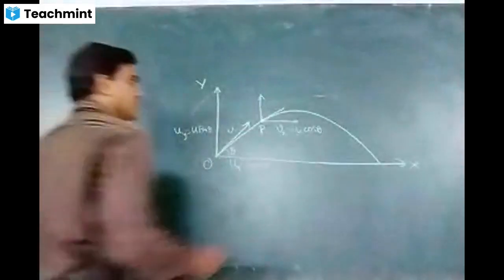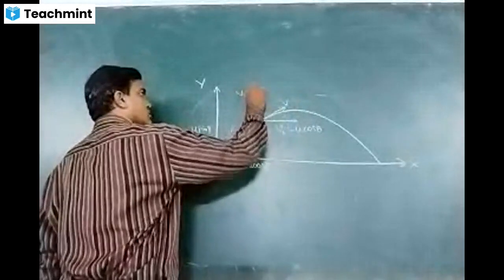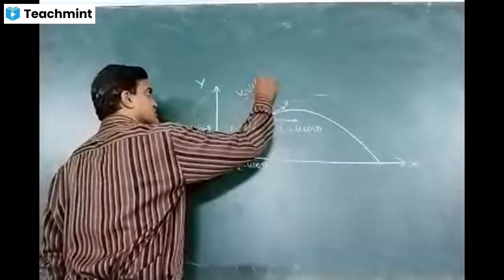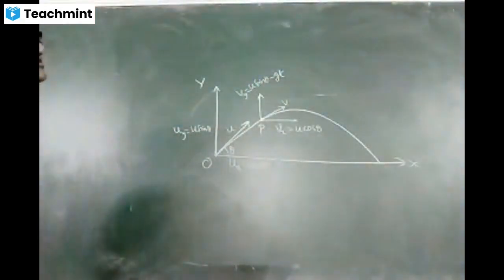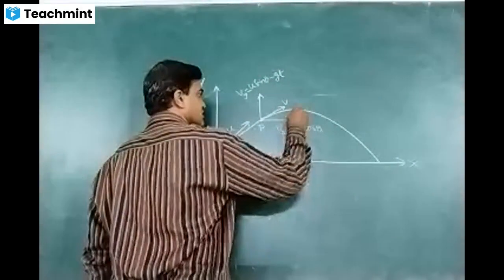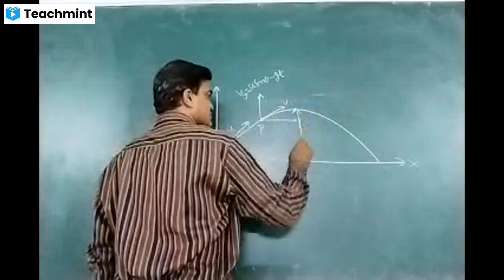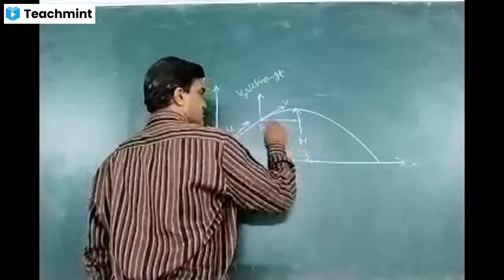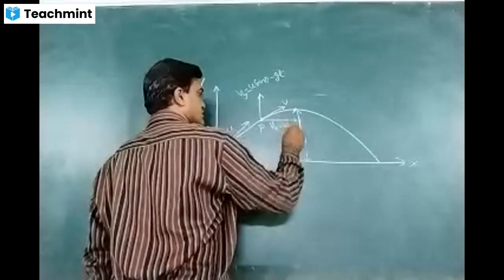Yes. So velocity vy is equal to u sin theta minus gt. All these things we have discussed, and this is the maximum height position. Vx is equal to u cos theta.